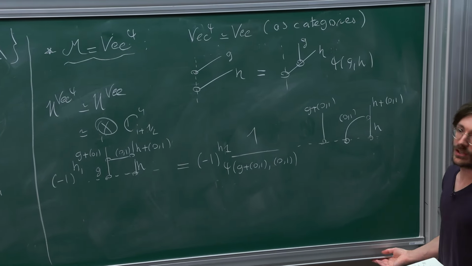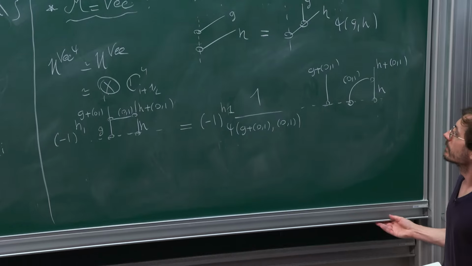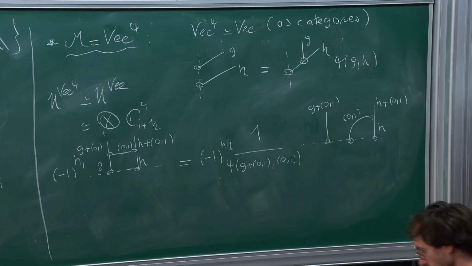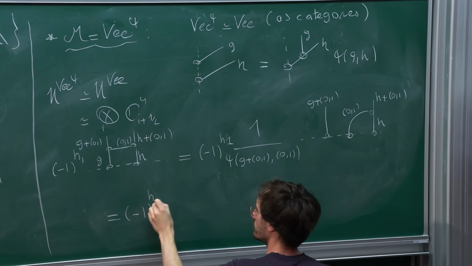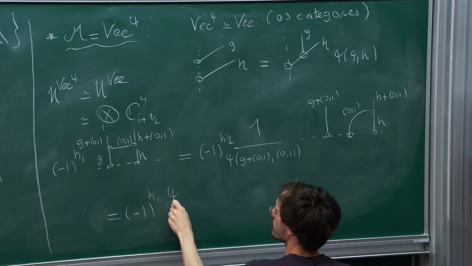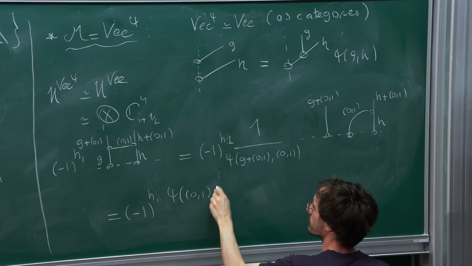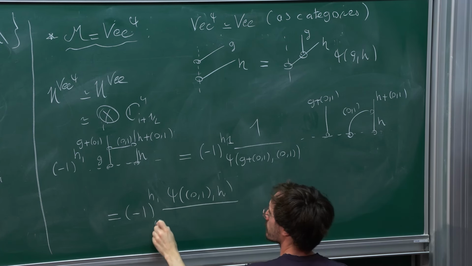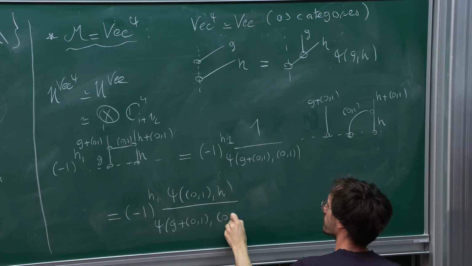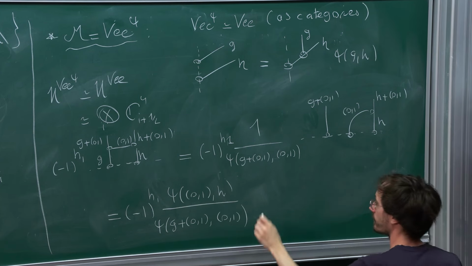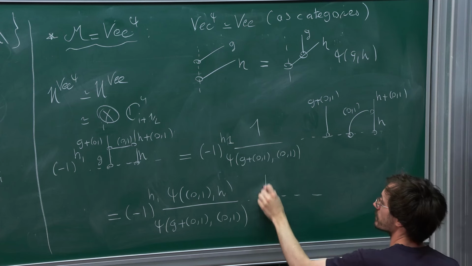So it simplifies a lot the expression we had before. And now I'm doing it a second time, another F move, which gives me a slightly different coefficient. Okay, and we are back to the original.